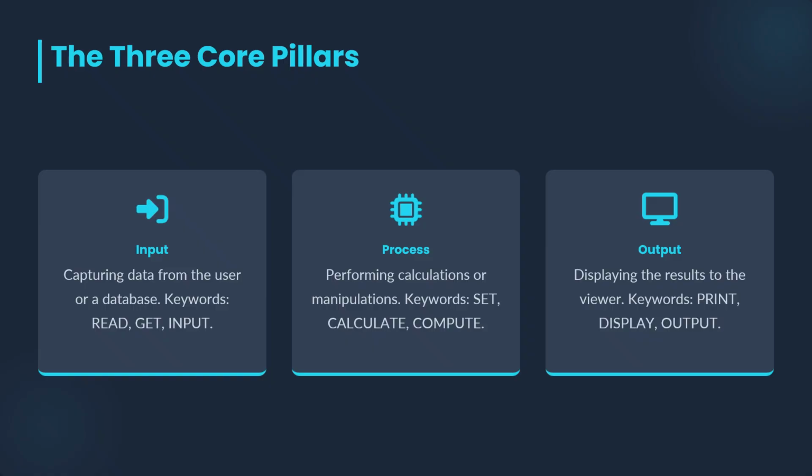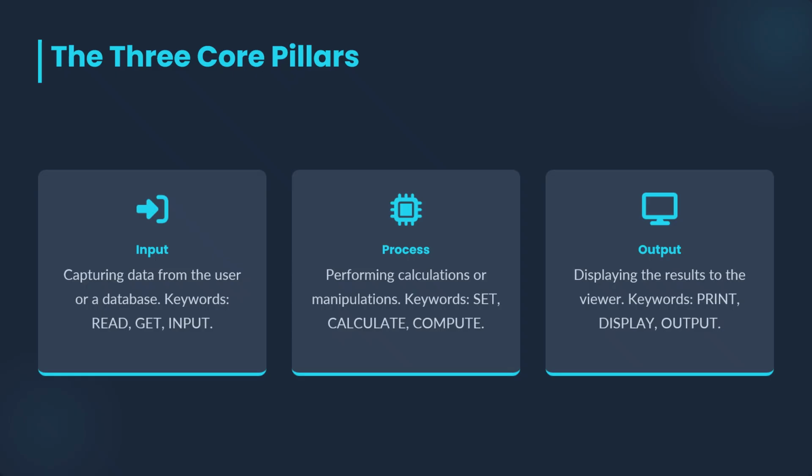The first part of sequential logic is input, capturing the data from the user or a database using the keywords read, get, or input. After taking the input, that data is processed, performing any calculations or manipulations.